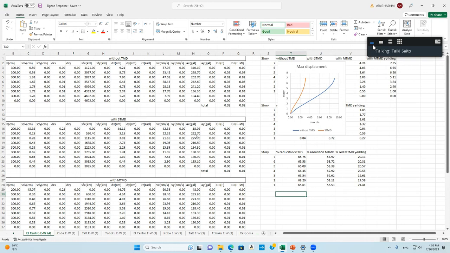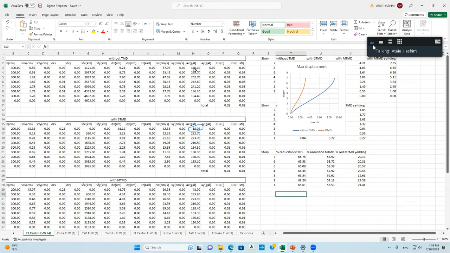You are talking about this one? Yes, Sensei. So the TMD is moving like an isolator, very slowly. The period is very large and it gets a very small value of acceleration.